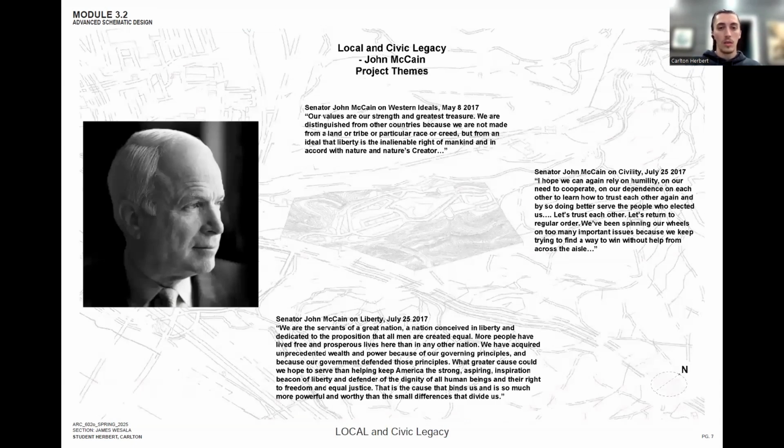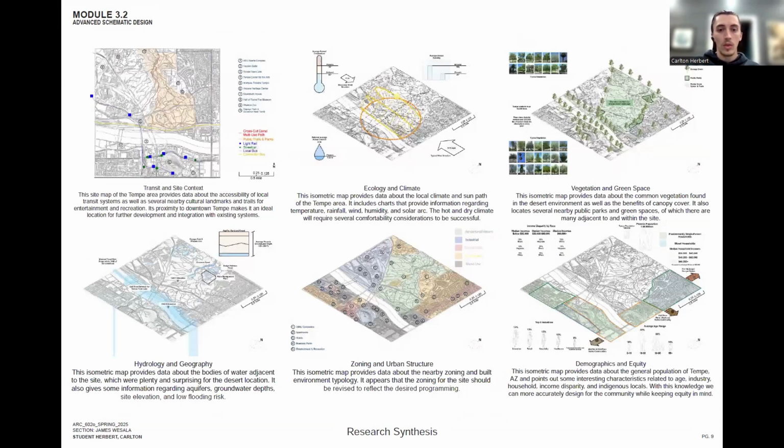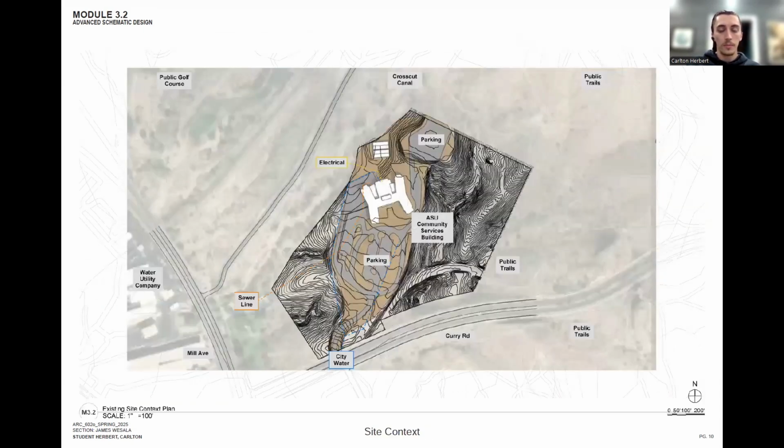The themes here for the project are mainly focused on some of John McCain's themes listed there, and then just a little bit of site context and some research into the local climate.